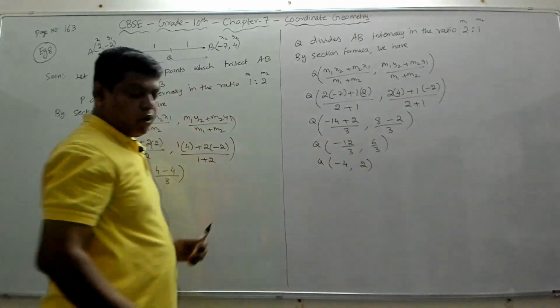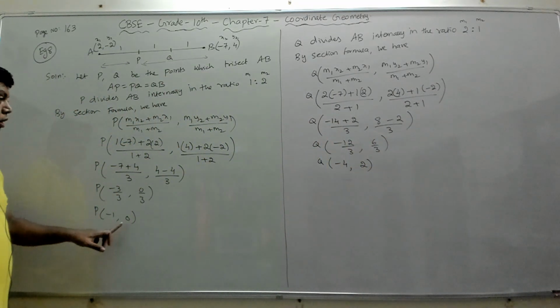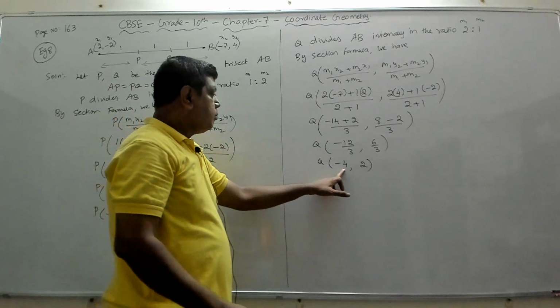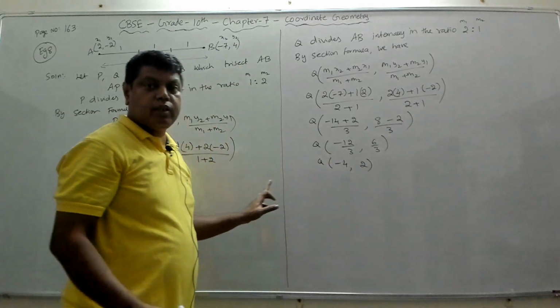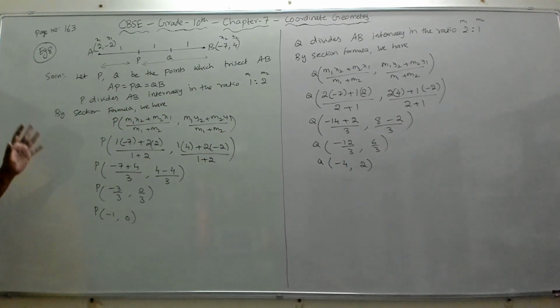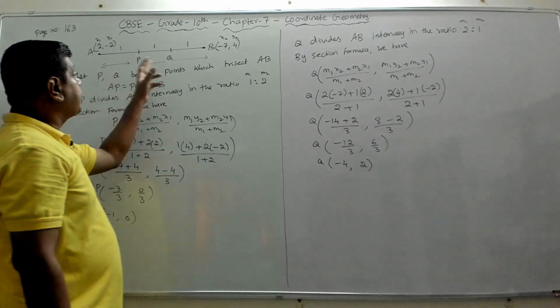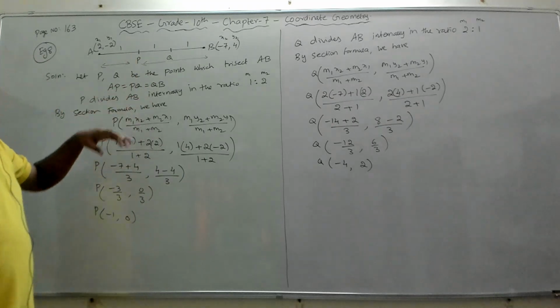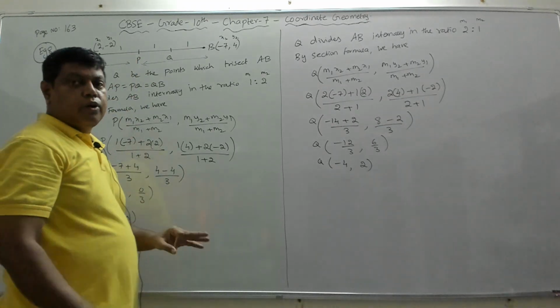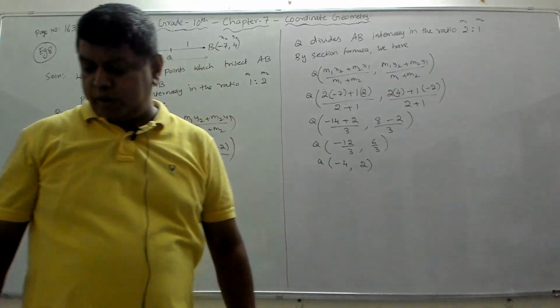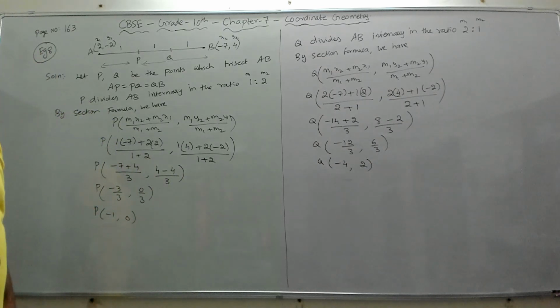So we have found the point P, minus 1 comma 0, and point Q is minus 4 comma 2. So these are the 2 points which will trisect your line segment AB, which means they will cut it into 3 pieces. Fine. So all of you can pause the video and take the notes.